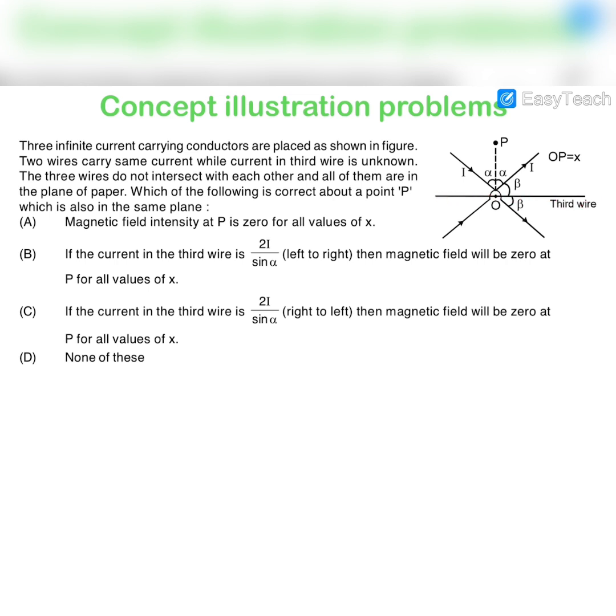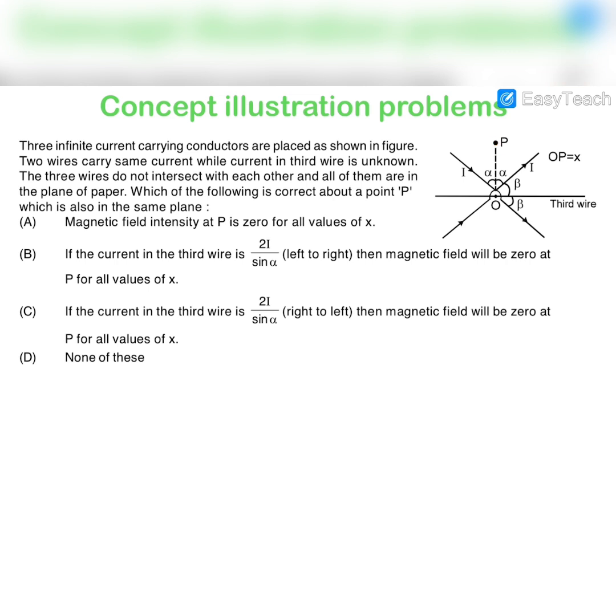So we cannot say that the net magnetic field at P is 0 for all values of x. First of all, if the current flowing in the third wire is 2I by sine alpha, then the net magnetic field will be 0 at P for all values of x.